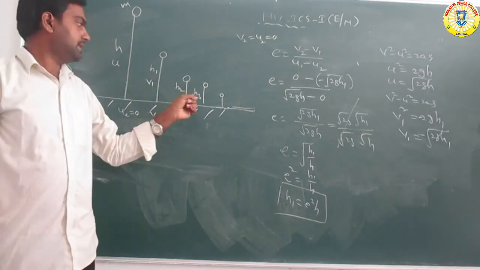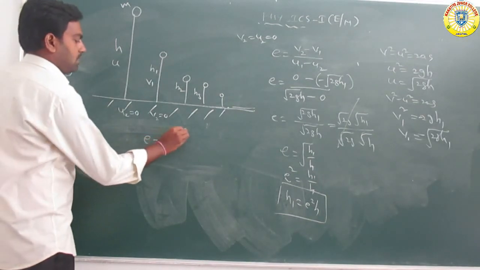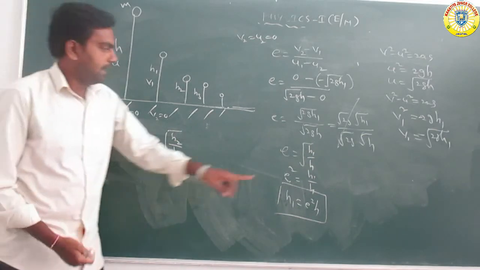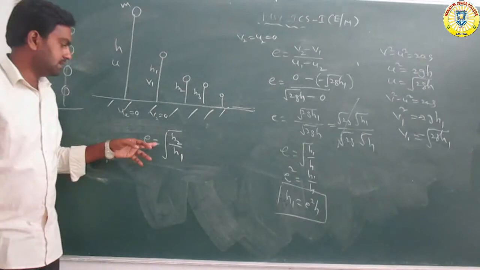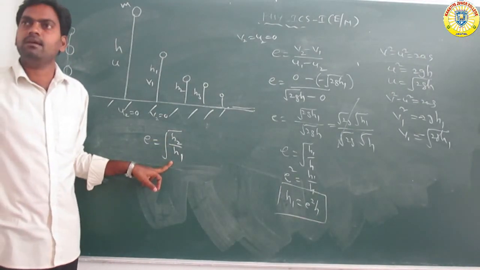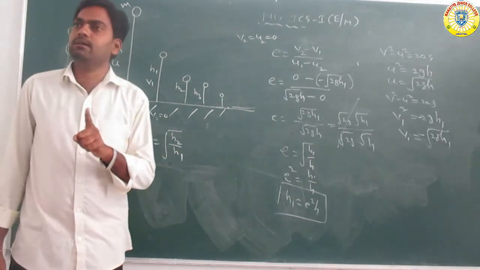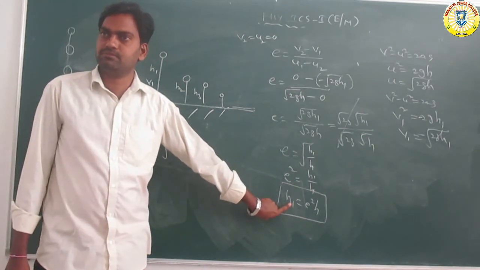For the second rebound, E is equal to under root of h2 by h1, following a similar pattern. The height attained for the first rebound is h1 equal to E square h.